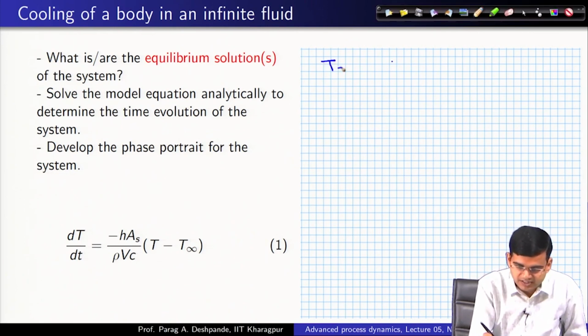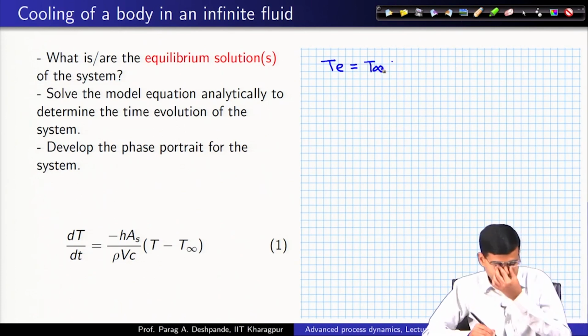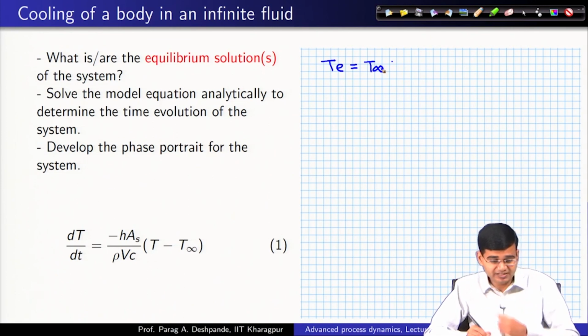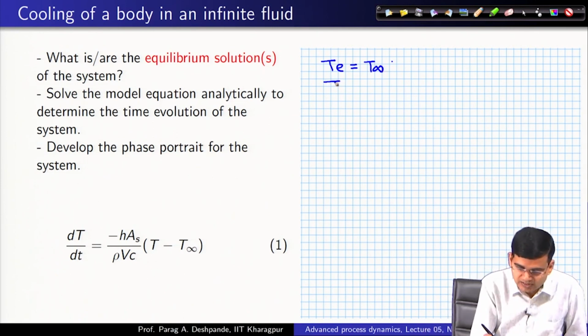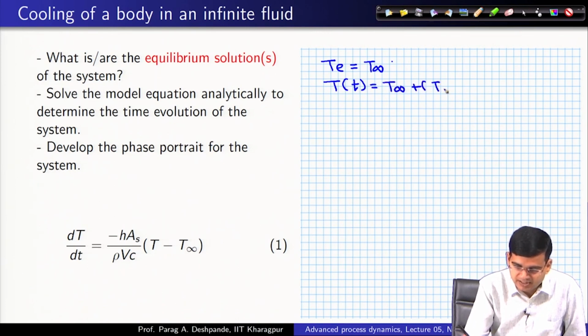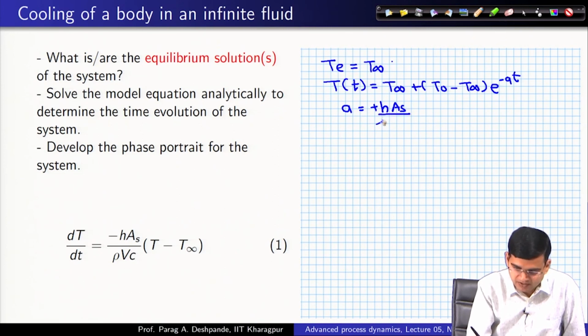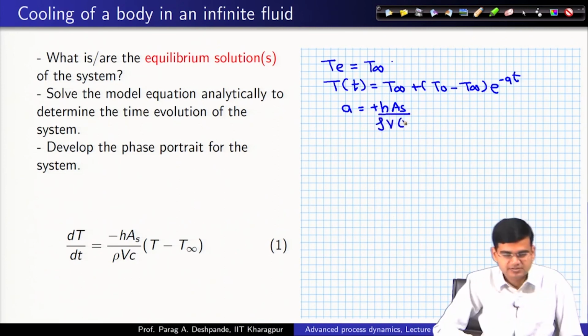We arrived at T equilibrium as T infinity, and then we solved the model equation analytically. The time variation was given as T infinity plus (T0 minus T infinity) e to the power minus a t, where a was given as h As upon rho V c.